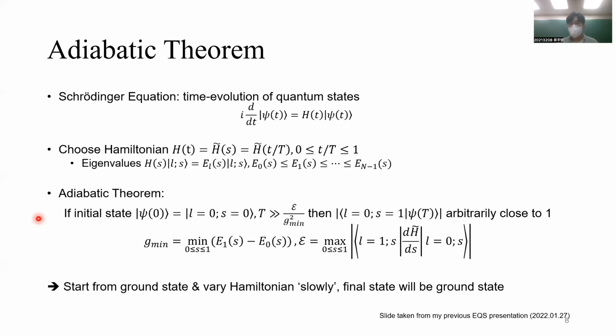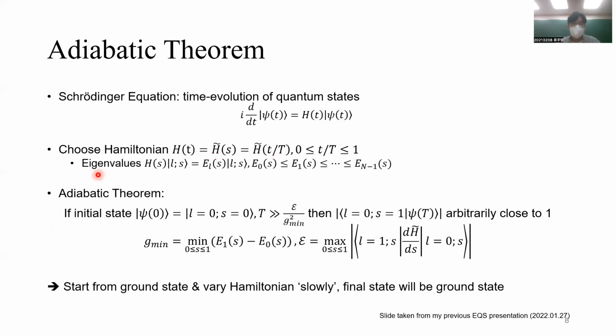Before that, we need to know what the quantum adiabatic algorithm is. And before that, we need to know what the adiabatic theorem is. The Schrödinger equation defines the time evolution of quantum states, and it's written as follows. Let's say that we have a time-varying Hamiltonian, and let's normalize the time scale so that time just changes between 0 and 1, and we'll write this renormalized Hamiltonian as H tilde.